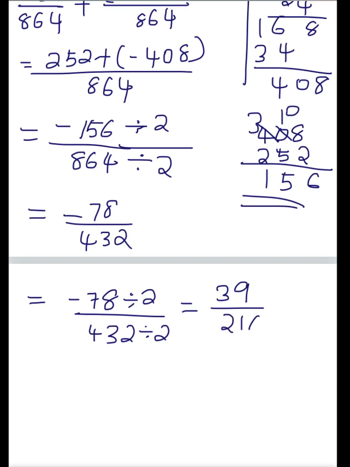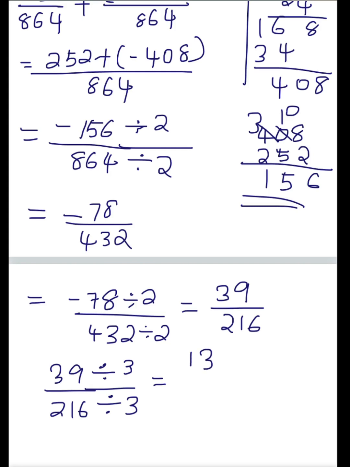You can see that it will be equal to 216. Now when you divide both 39 and 216 by 3, what will you get? What is 39 divided by 3? 39 divided by 3 is 13. And what is 216 divided by 3? It will be equal to, don't forget to put the negative sign.